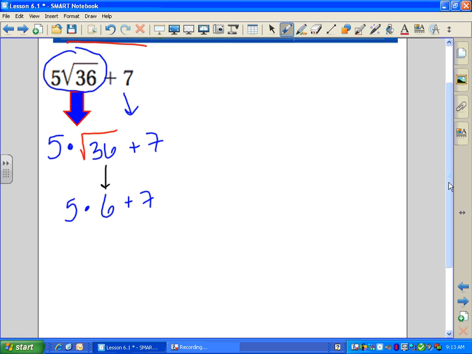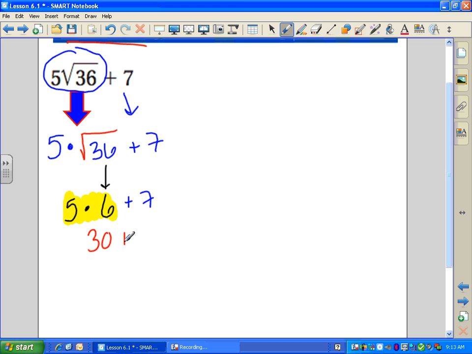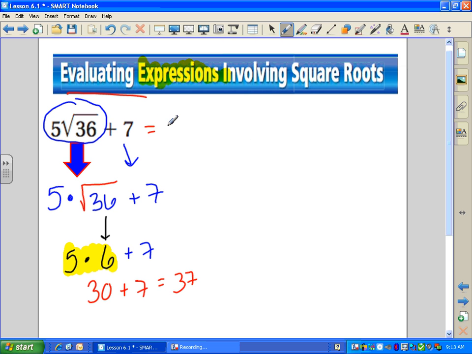Excellent job. You correctly identified, we have to do the order of operations. Please excuse my dear Aunt Sally. So I'm going to multiply first. That gives me 30. I'm going to add 7. That gives me 37. So 37 is the solution to this expression.